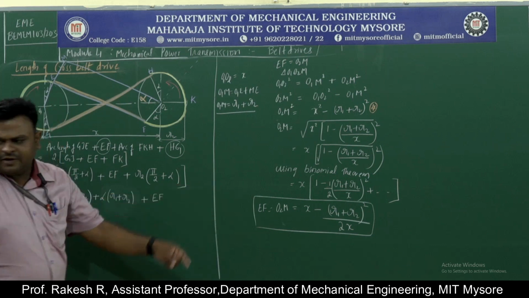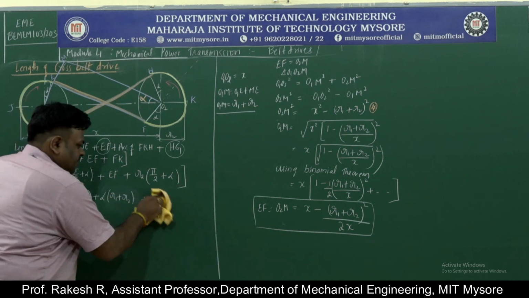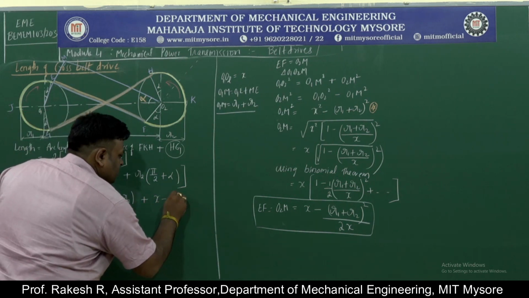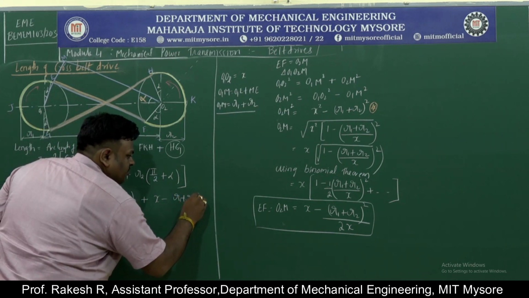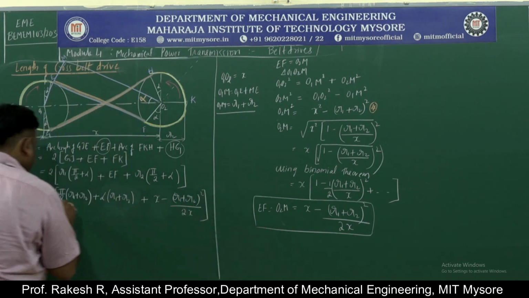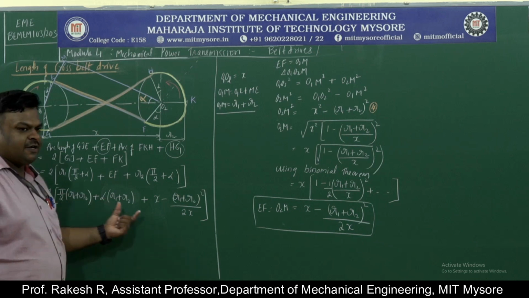What is EF? Directly you can write EF is nothing but x minus (R1 plus R2) whole square divided by 2x. Got it? Then I will be multiplying 2.